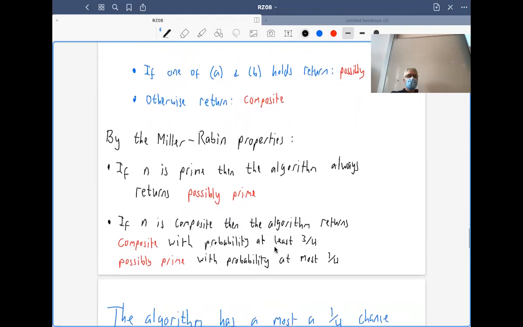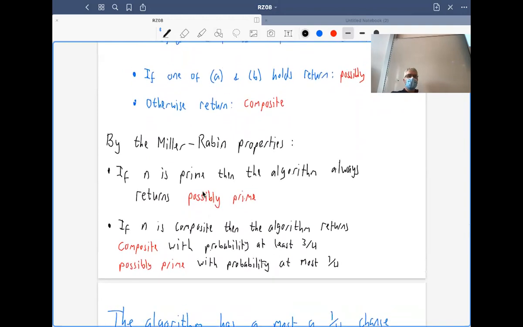So what we can say precisely about this algorithm is that by these Miller-Rabin properties, the property for composite numbers and the property for prime numbers, if we give the algorithm a prime number as input, then the algorithm will certainly return possibly prime. Because whatever a it picks, one of little a and little b will hold.